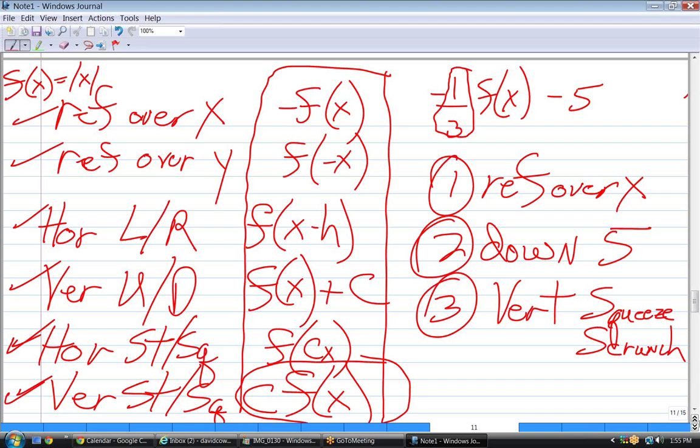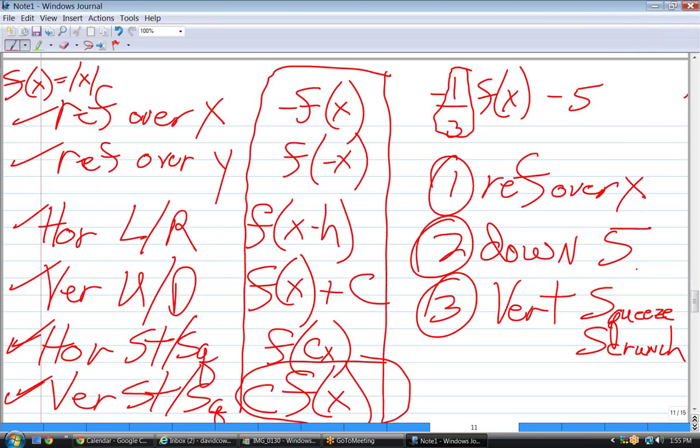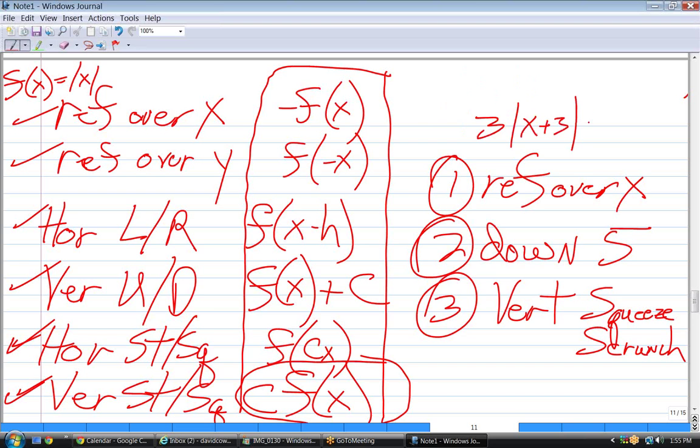Okay, David. Okay. Now, before the end of the session here, let's look at 36 and see what's being done. We have 3 times the absolute value of x plus 3 minus 4.